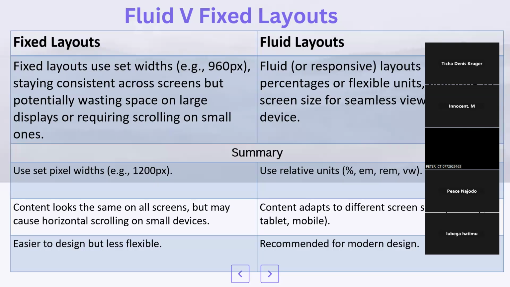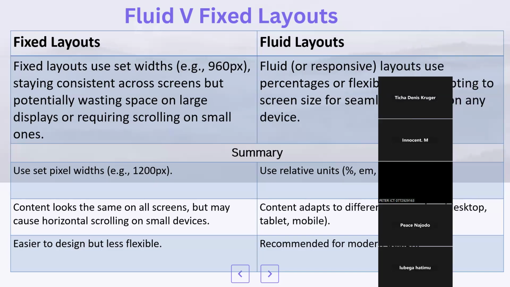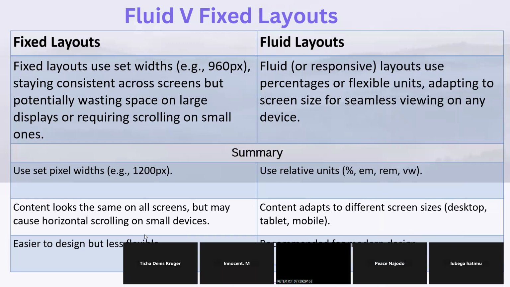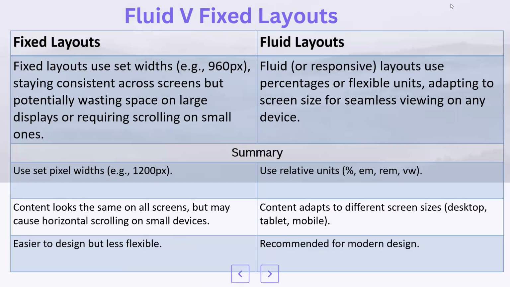On the contrary, fluid or liquid layouts are those layouts that use percentages. We call them responsive, flexible units. In other words, if you build a website using a fluid layout, it means this website can adapt to different screens.